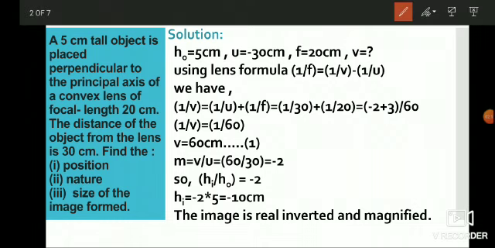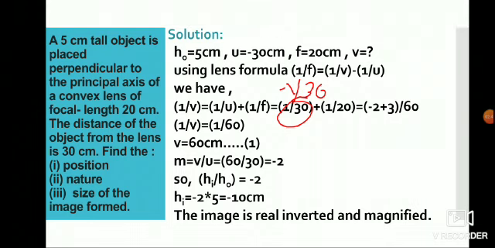When you shift u, this becomes minus 1 by 30. There's a missing negative sign there. So minus 1 by 30 plus 1 by 20 gives you, when you take the LCM and solve, 1 by 60. So v becomes 60 centimeter.